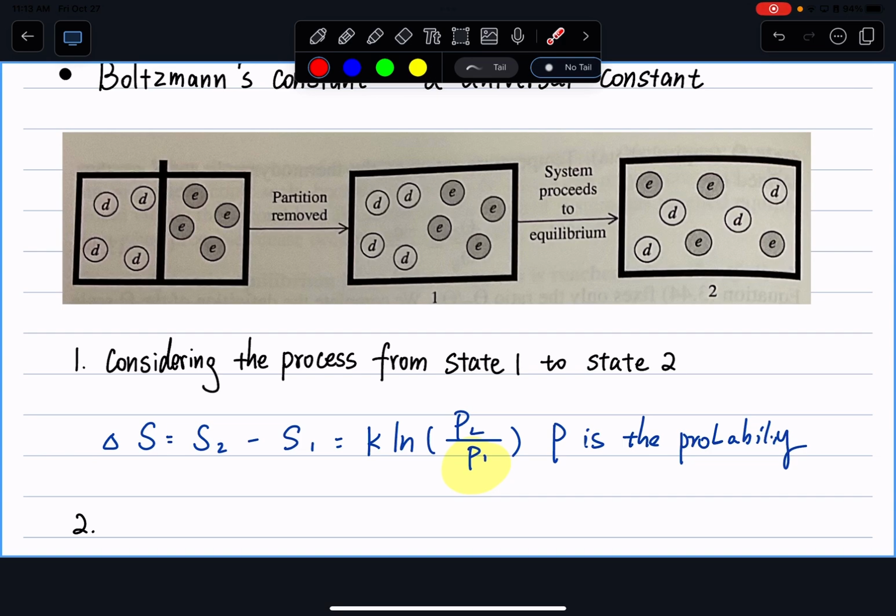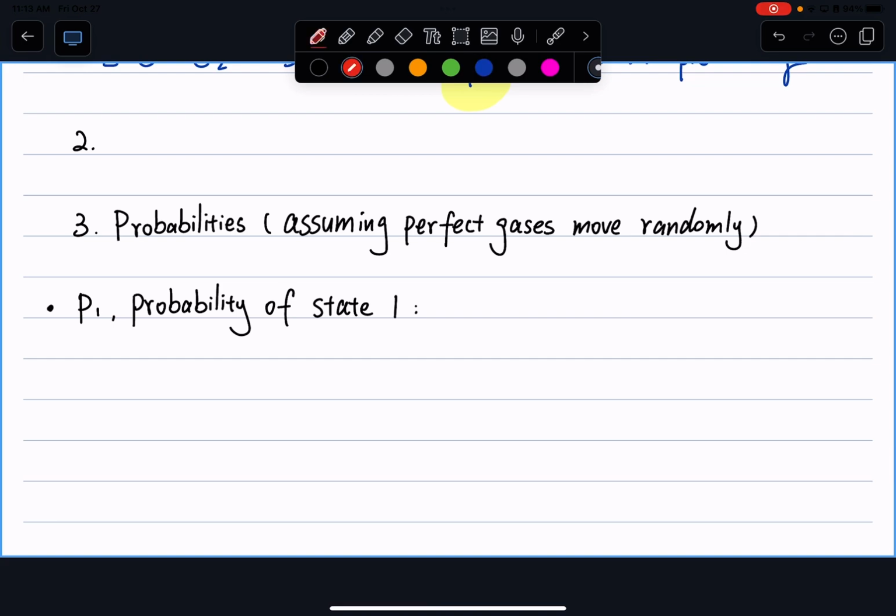Now, the way to think about it is, when you put the probability of state 1, assuming your gas molecules move randomly, you have P1 equals (1/2) to the power of the number of D molecules, times (1/2) to the power of the number of E molecules.